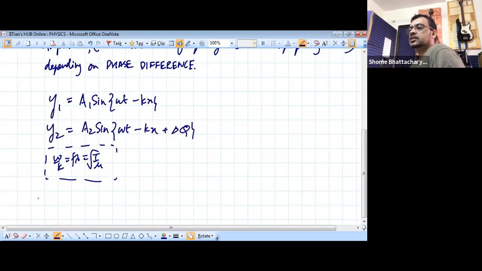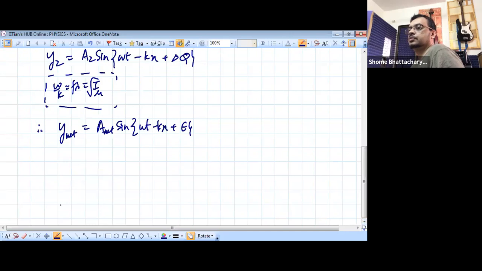So then the resultant becomes some net amplitude into sine of omega t minus kx plus some resultant phase term, where the simple way of remembering this is the phasor diagram method.